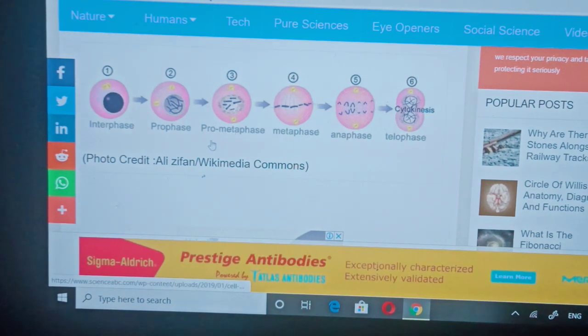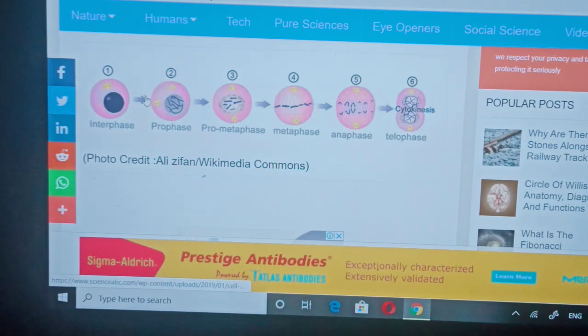One more point is given here, prometaphase, that you should know what happens in prometaphase before going to the metaphase. So after interphase it goes to the prophase, then metaphase, then anaphase, then telophase. But here you will see another one, the pro before the metaphase entrance.